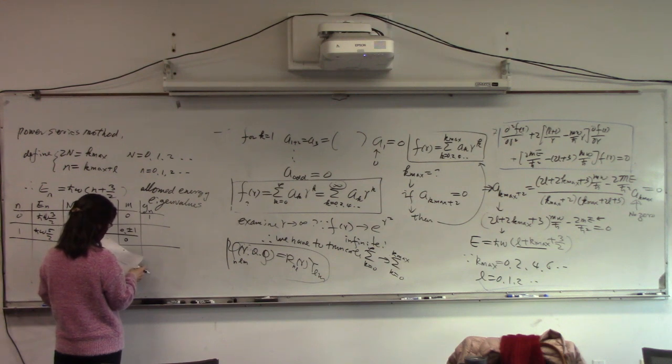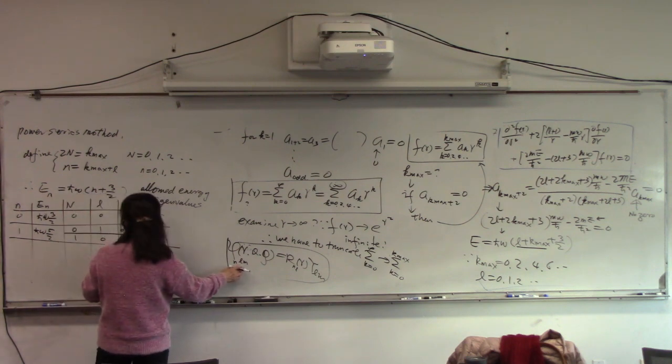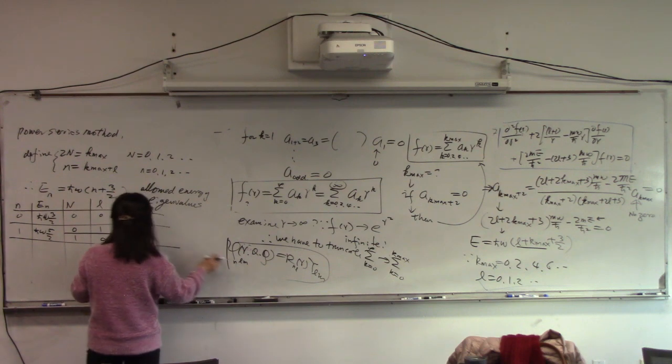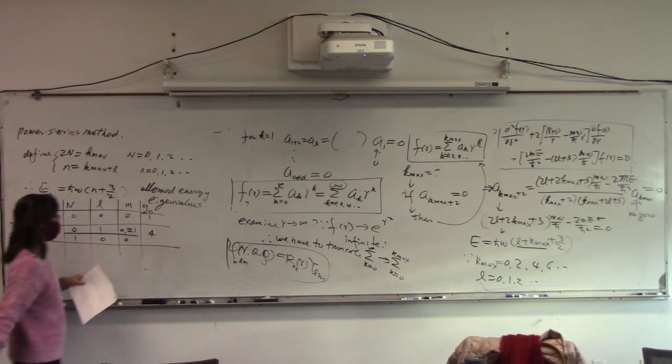I think, okay. When that is n and L is only 1. L equals 0 and 1. I think there are 4 states. We have n equal to 1, L 0, 0, and n equal to 1, L 1, plus minus.